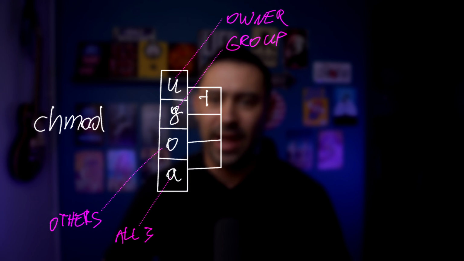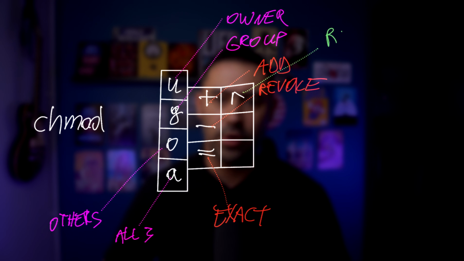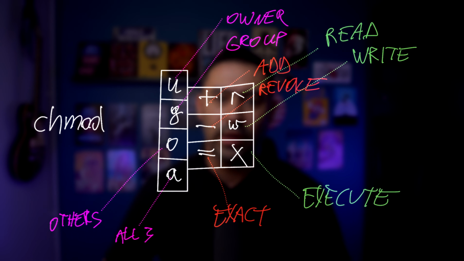Then we put a plus sign to indicate we want to grant permissions, or minus sign to indicate we want to remove permissions, or equal sign to indicate that we want to set the permissions to an exact value. Then we have requested permissions: R for read, W for write, and X for execute. We can separate those with comma.